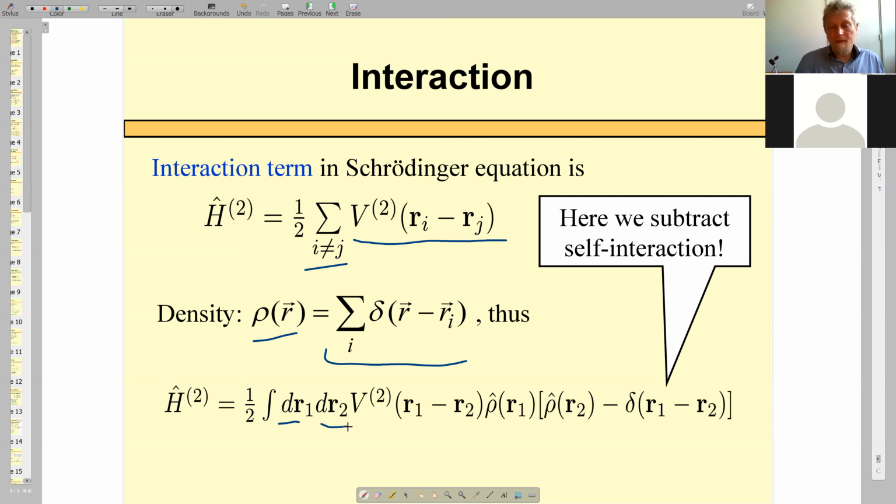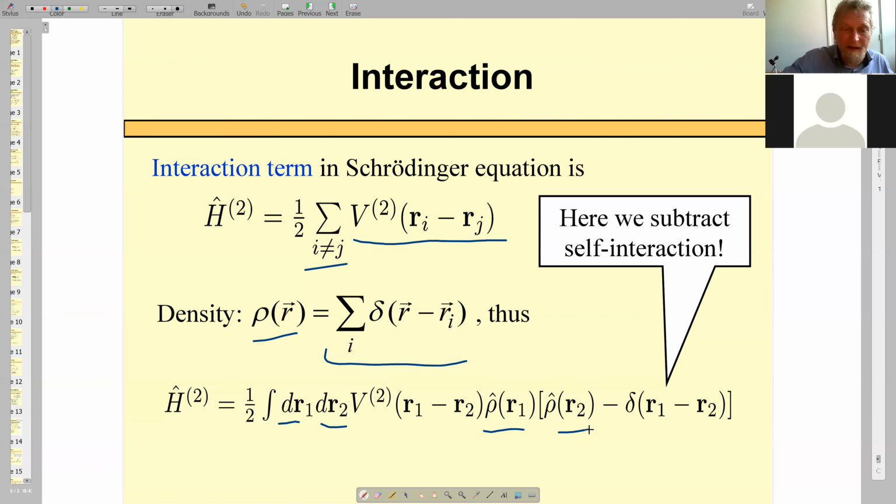Good. So I have two particle densities here and here. That's logical. The only point is that I would like to exclude the cases when a particle needs to interact with itself.